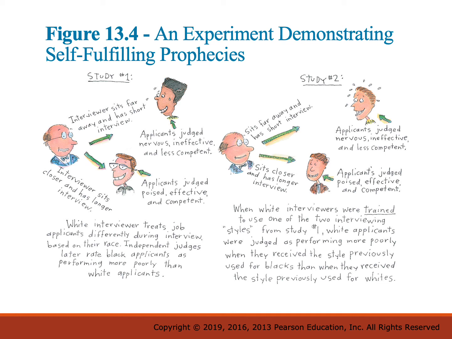He did it with a white applicant. He sat further away, had a shorter interview, and again, the applicant was judged as nervous, ineffective, and less competent than the applicant that he sat closer to and had a longer interview with. So when the white interviewers were trained to use one of the two interviewing styles from study 1, the white applicants were judged as performing more poorly when they received the style previously used for African Americans than when they received the style previously used for the white candidates, right?